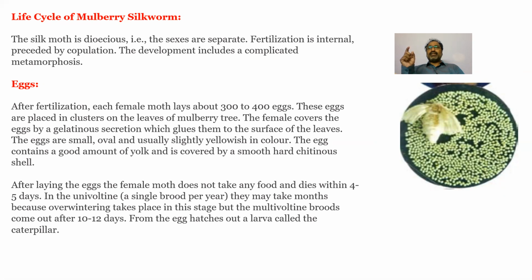Instar, I-N-S-T-A-R. These instars are first instar, second instar, third instar. As the size increases, they are considered first, second, third, fourth, fifth instar, and so on. In general we are calling it a caterpillar.